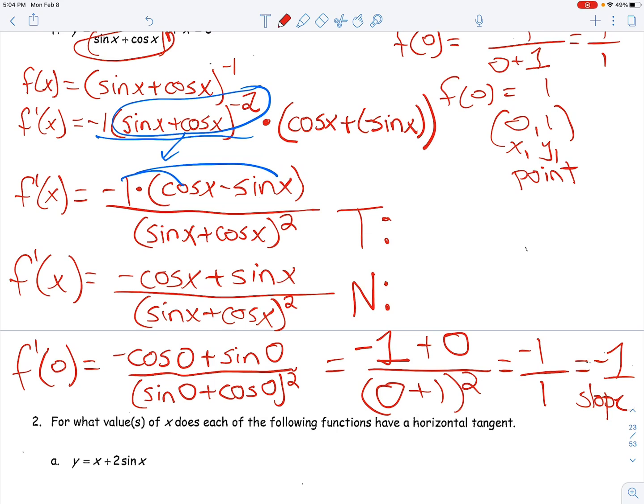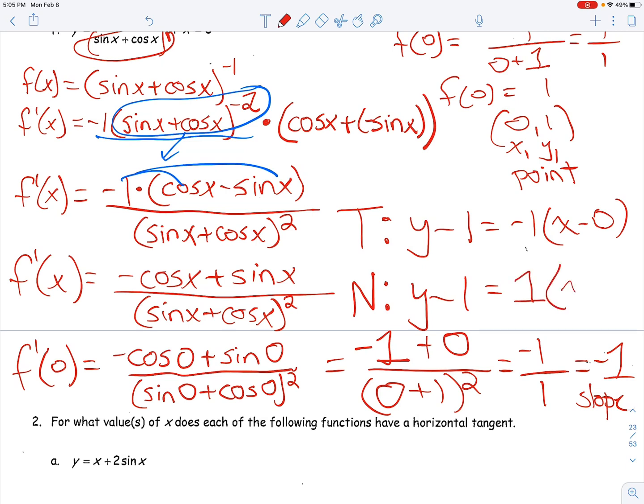So we have the point and the slope. So we'll do the tangent line and we'll do the normal line as well. So y minus y1 is going to equal the slope and then x minus x1. You can leave it like that if you want.